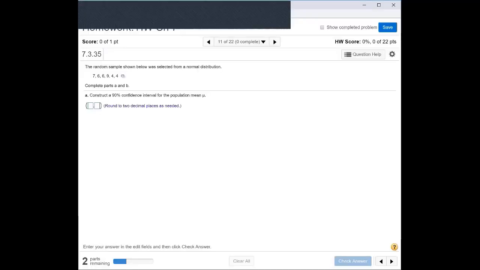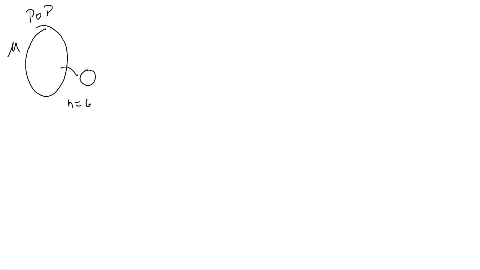So let's use the t-distribution. We want to estimate the mean. We select a sample of only 6 observations. The first step is to find the mean and the standard deviation for this sample.